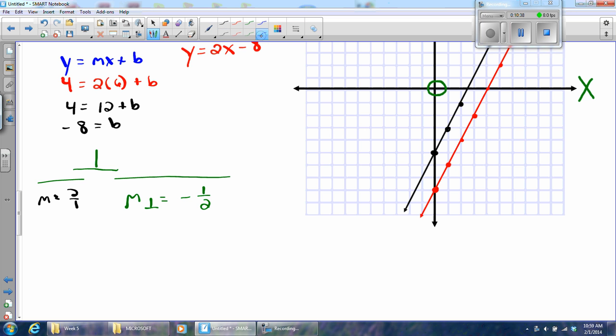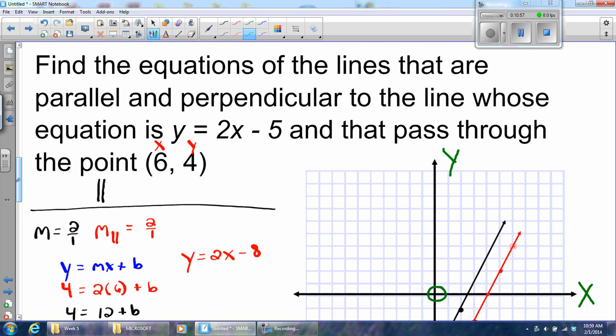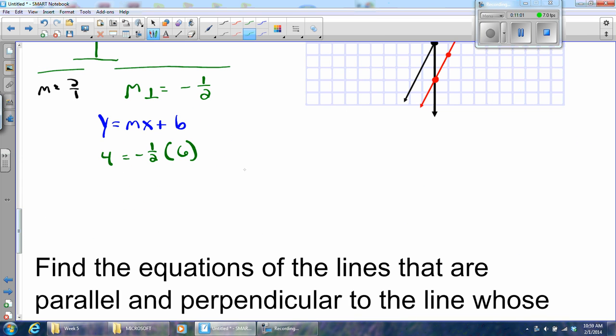So I take my slope-intercept form, y equals mx plus b, and I'm going to substitute in everything I can. I know that y is 4. I know that m is negative 1/2. I know that x is 6. Where did I get 4 and 6 from? Back here at the original point, that pink point I plotted, plus b.